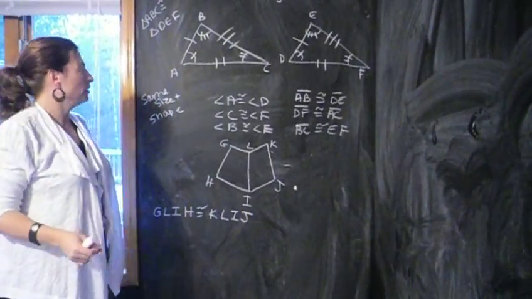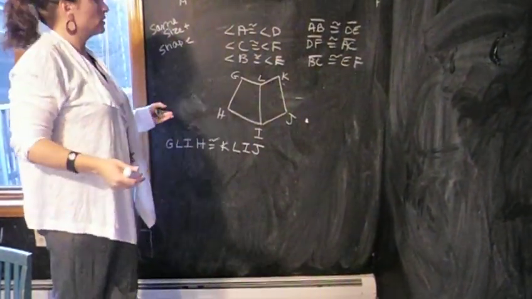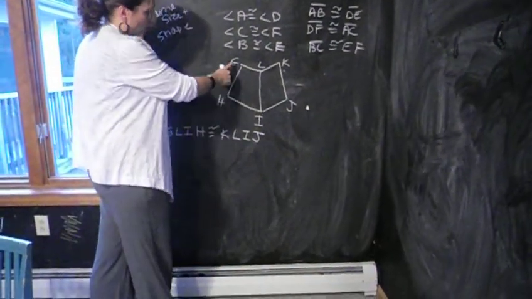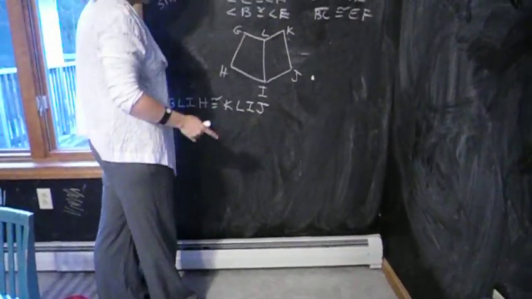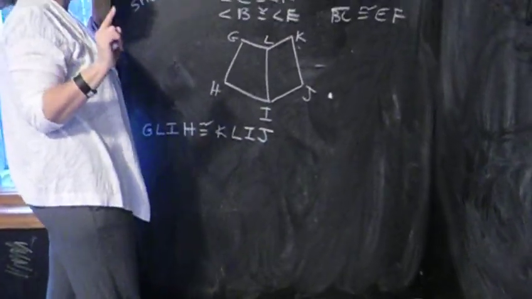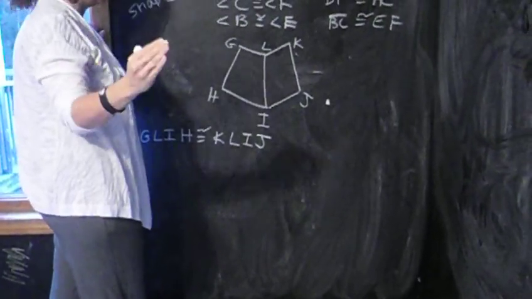Now in this figure, you know my drawings are always bad. In the book they always look much better. But in this figure, I'm going to say that GLIH is congruent to KLIJ. When you say the two figures are congruent, you always have to order them in the way of congruence.